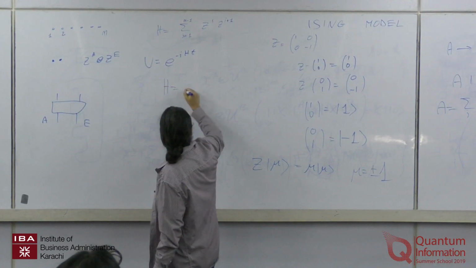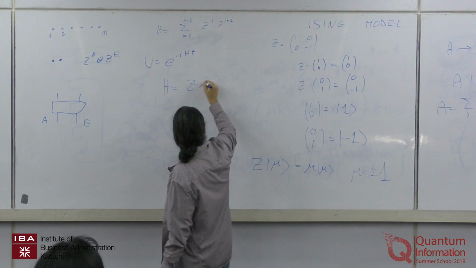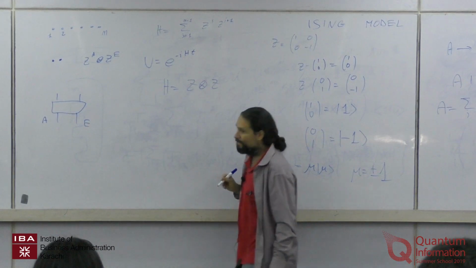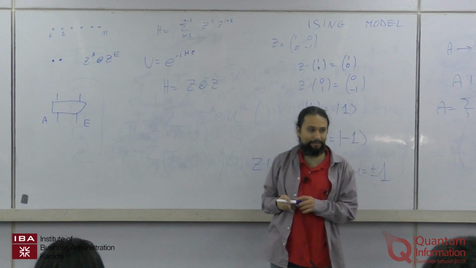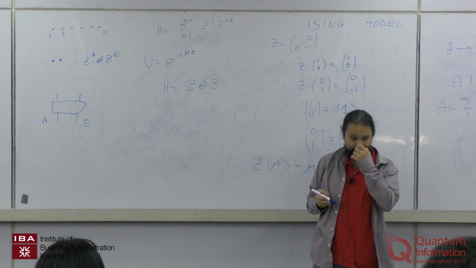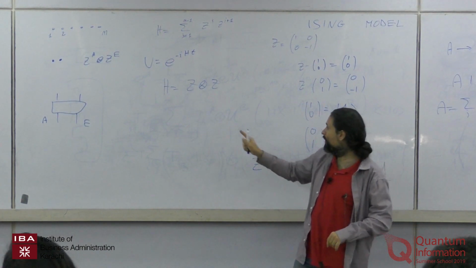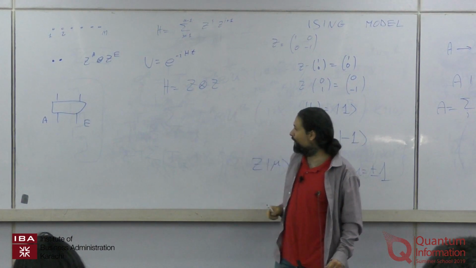So, the eigenstates of this operator, Z times Z. We know the eigenstates of this, and we know the eigenstate of that.